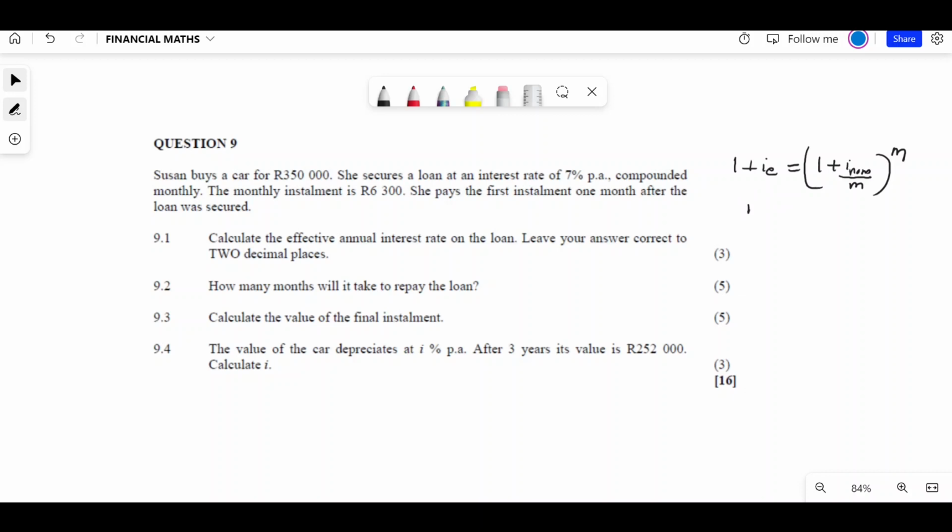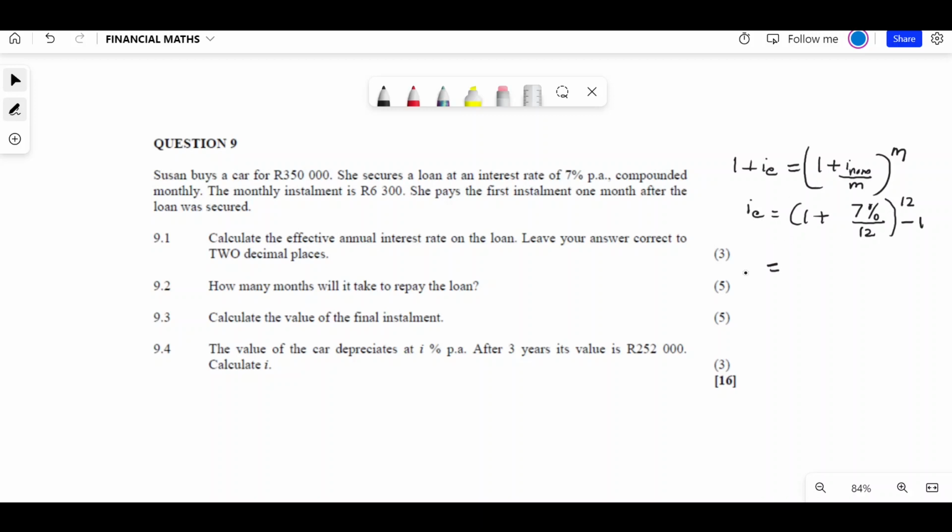So i effective is equal to 1 plus, what is the nominal rate we have? It's 7%, compounded monthly, so 7% over 12. Whatever you write on the bottom, you write here also, the same m, minus 1, because I left the 1. There was only i effective here. Now the minus 1 goes to that side.